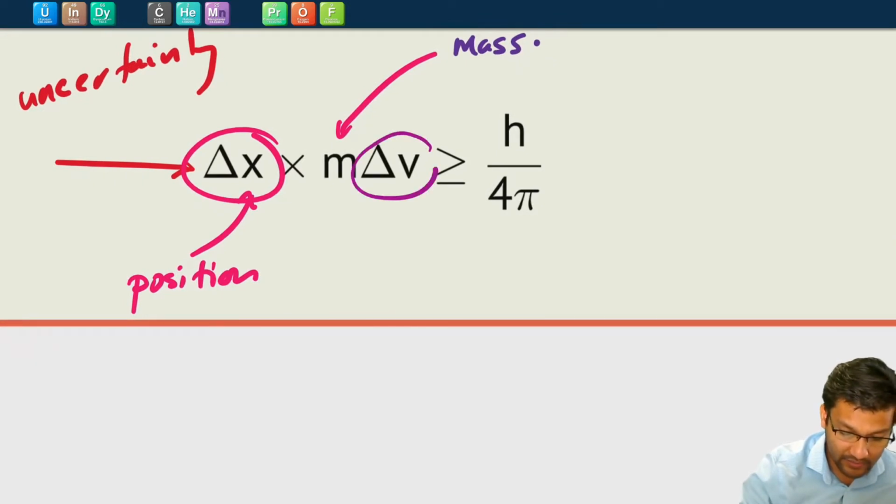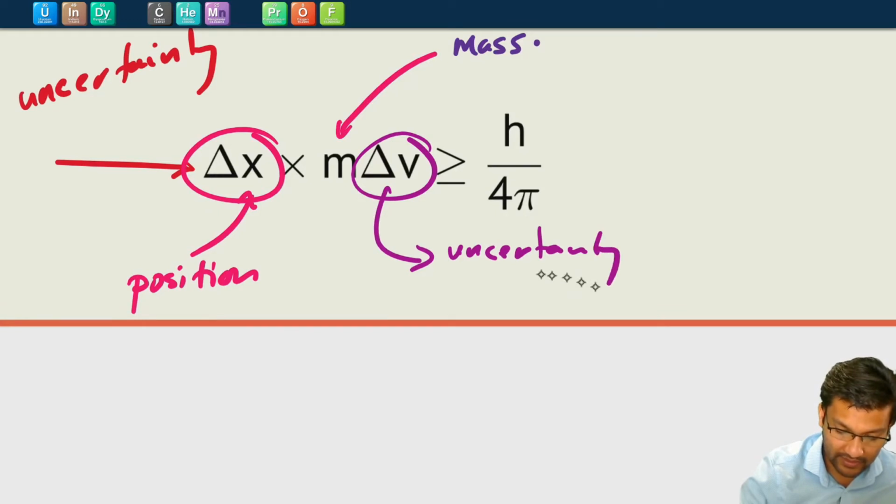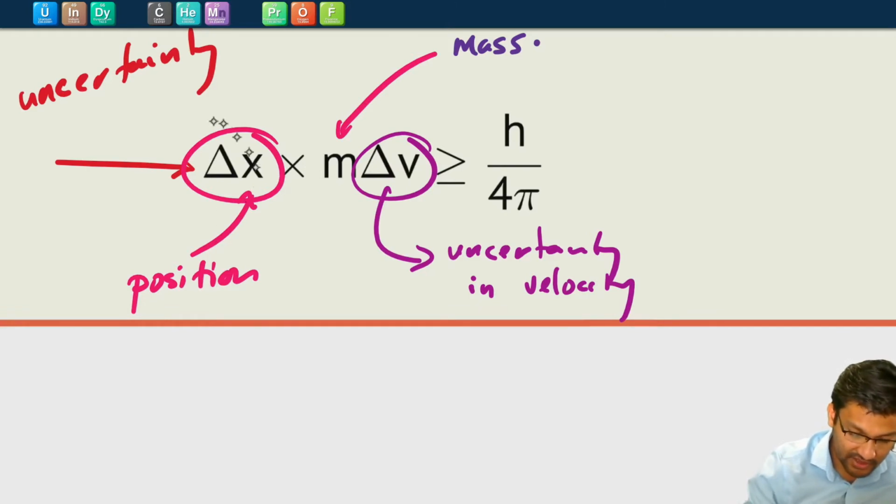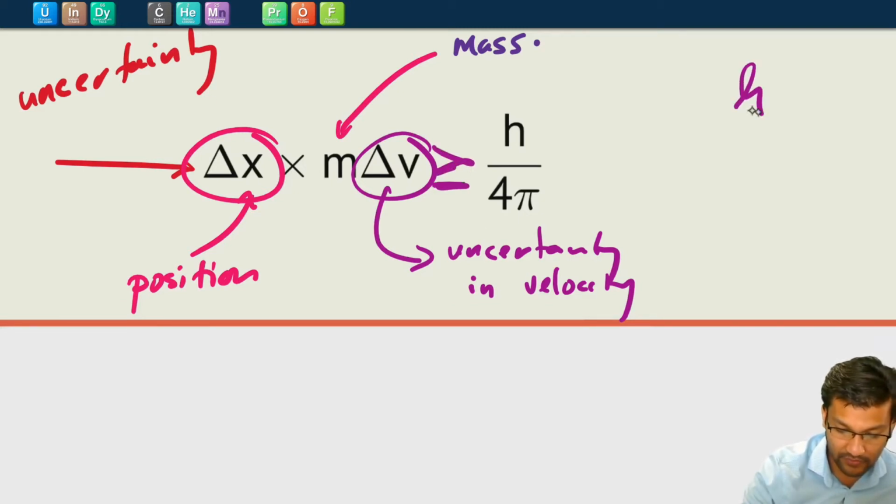And then delta v would be the uncertainty in velocity. So the uncertainty in the position multiplied by the mass times the uncertainty in the velocity will always be greater than or equal to this factor of h over 4 pi. So really, we cannot get more certain than this factor.